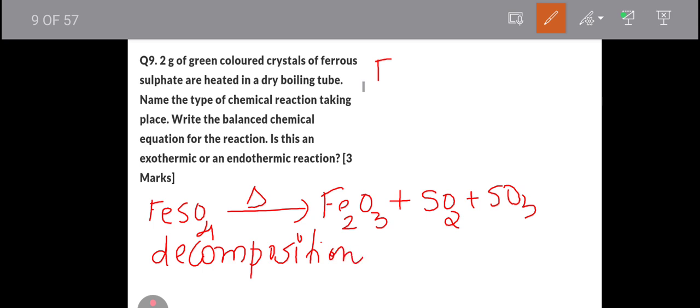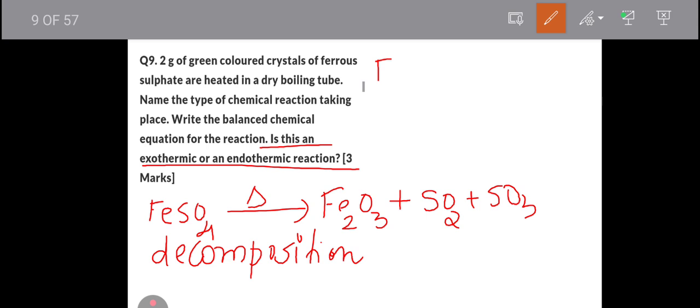Now one more question asked in the last part is whether this reaction is exothermic or endothermic. So you just see here we are heating ferrous sulfate, that is, we are providing heat, right? As a result, FeSO4 will absorb that heat and the chemical reaction will take place, right?